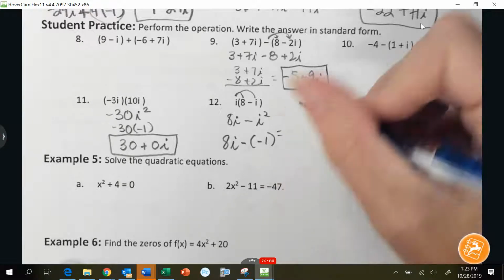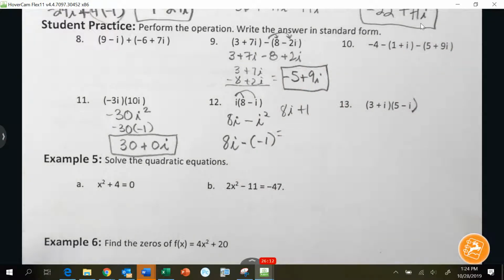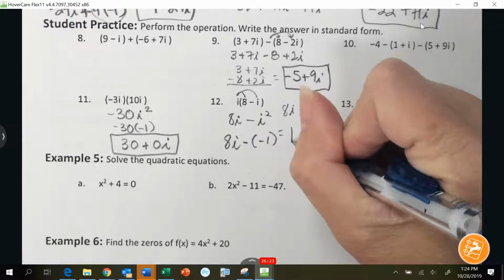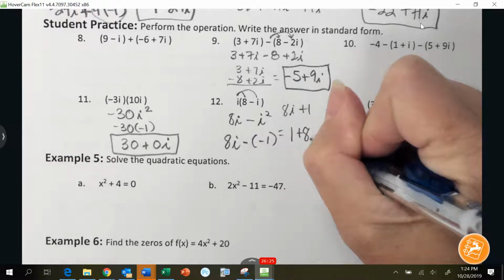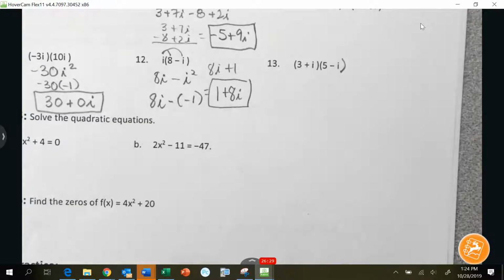So I have 8i plus 1. Is that my answer? Sophia? I said it's 1 plus 8i. Because we're writing it in standard form, you put the real part first. Good job. Okay, number 13.